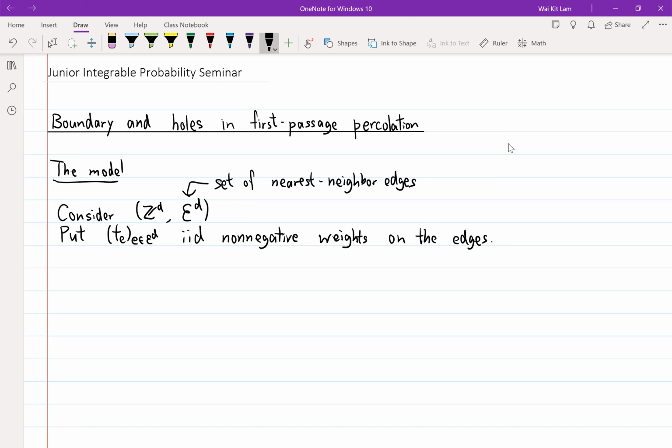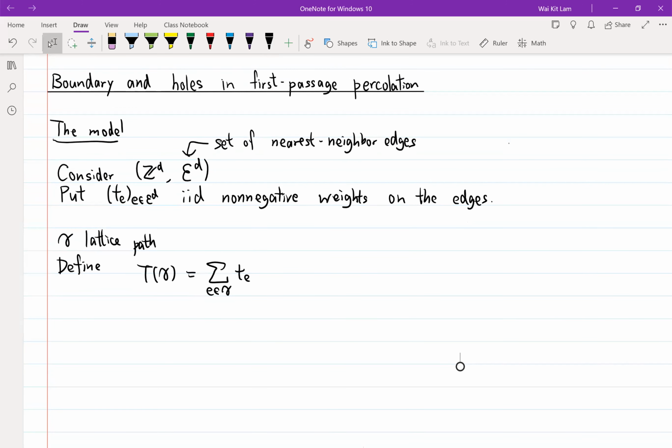And then for a lattice path gamma, we define the passage time of this gamma by summing all the weights along this path. Then for any two points x and y in the integer lattice, we define the first passage time from x to y by taking the infimum over all the paths from x to y.